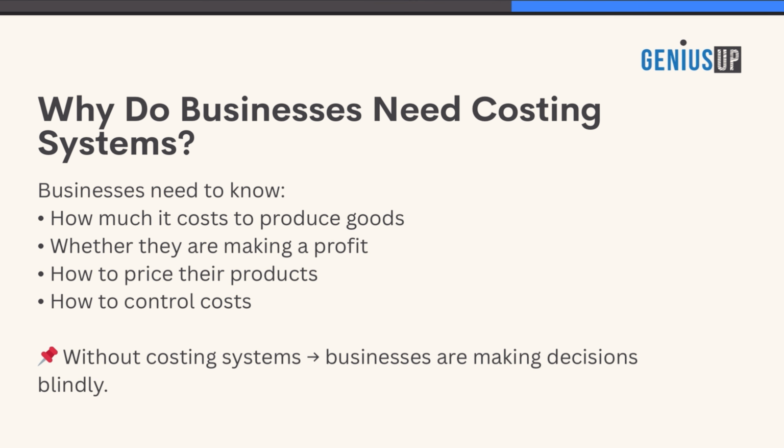Knowing the cost can also help you set the right price for your products. And lastly, it can help you control costs, because if you know where you're incurring the cost, you can better control it. So without costing systems, businesses are making decisions blindly.